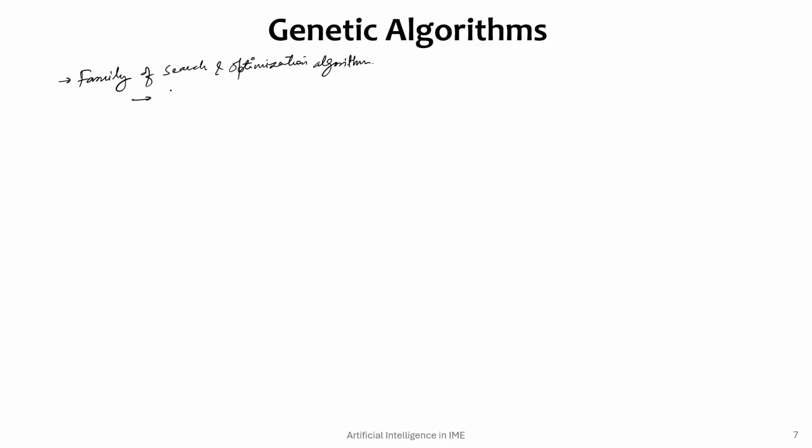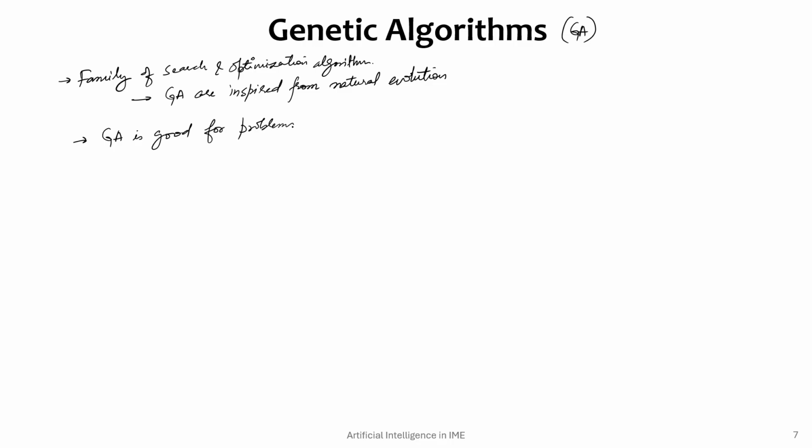So, these GAs are inspired from natural evolution. So, GA is good for problems with a large number of parameters.